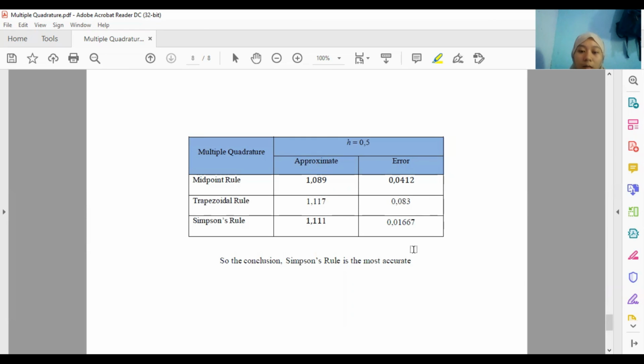So Simpson rule is the most accurate because its error is close to 0.